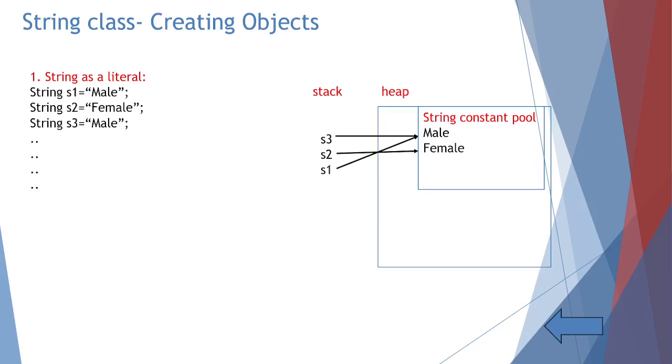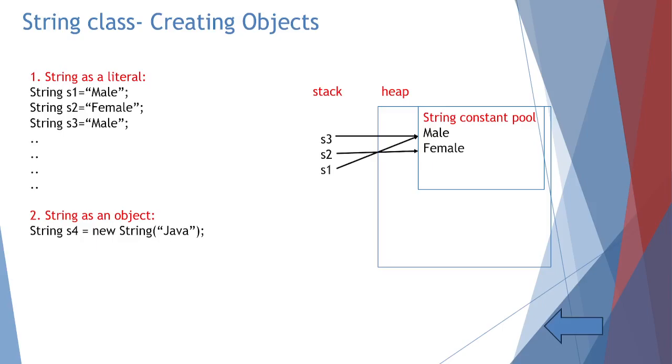It deallocates objects from the heap area other than the string constant pool. Now let's see the second way of creating a string, using the new operator. String s4 is equal to new String("Java").